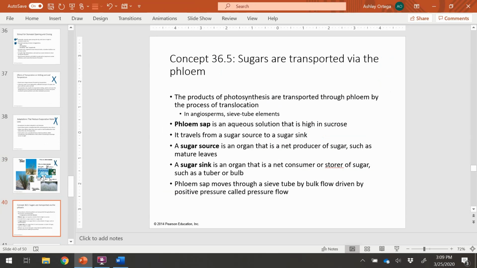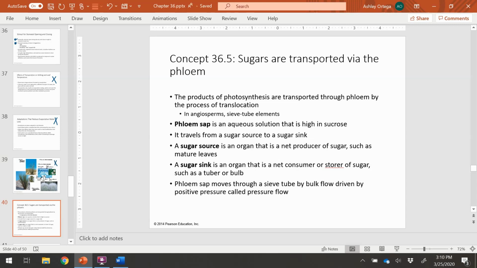So how does sugar get moved from the leaves of the plant to the roots of the plant, you may ask? And that's through phloem. And so the aqueous solution that has sugar and water is phloem sap, and it always travels from what we call a sugar source to a sugar sink. A sugar source is anything that produces sugar, and most of the time the typical example will be leaves, but it's not always leaves, so keep that in mind.